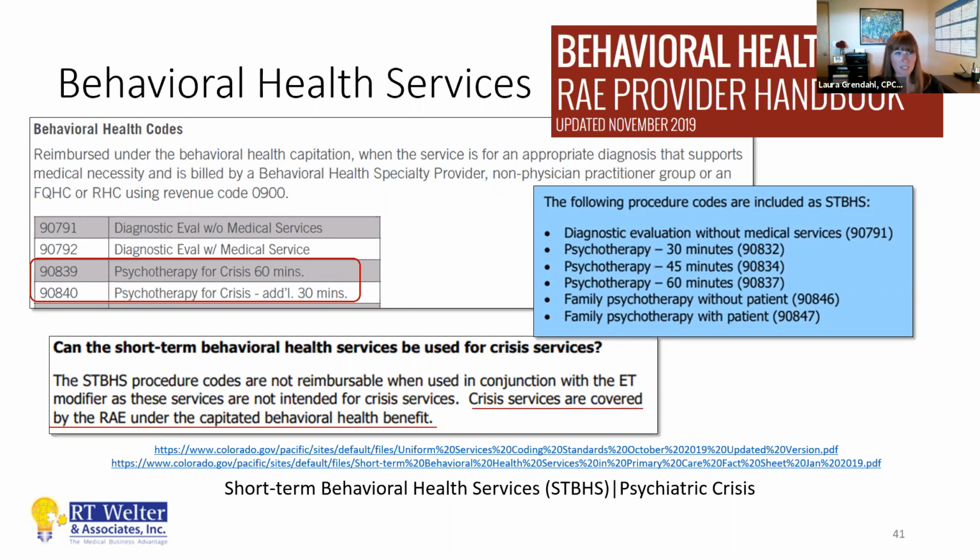So what this means is that if you're spending, let's say, 90 minutes with a patient, for these codes, we should be reporting 90839 and 90840, okay? So we want to make sure that we're getting that extra code because of our extra time spent with that patient.